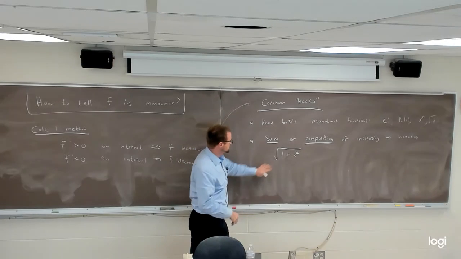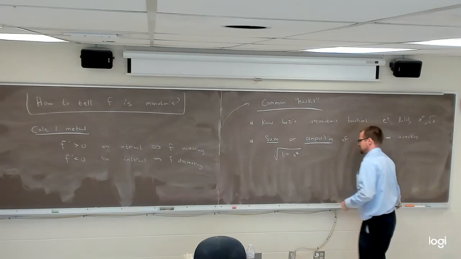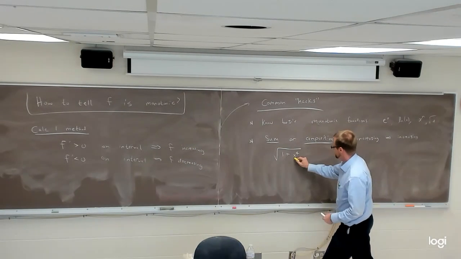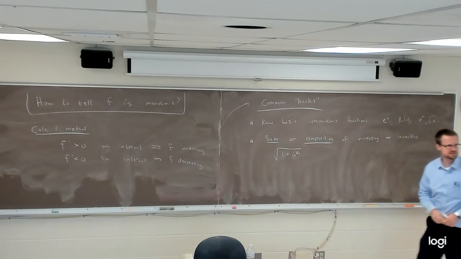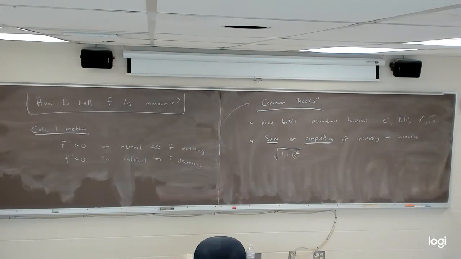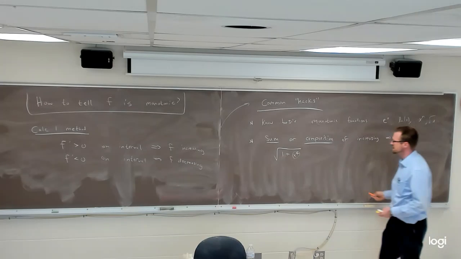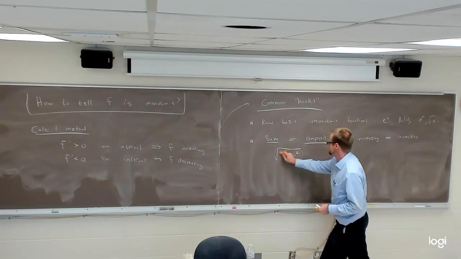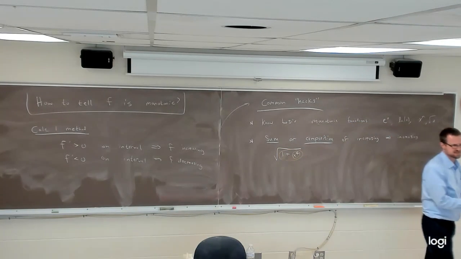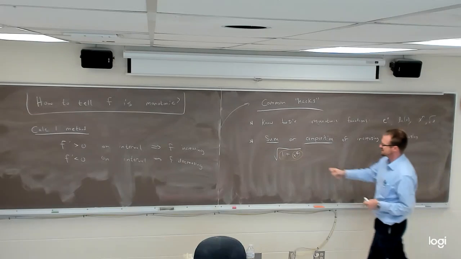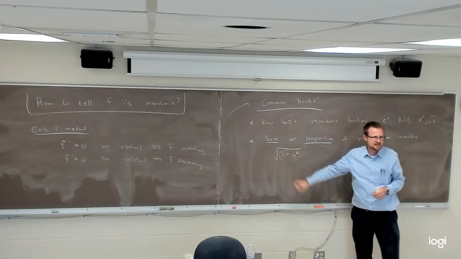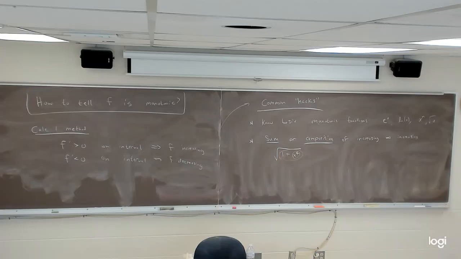So here's how I would look at something like square root of 1 plus x to the 4th. X to the 4th is increasing. That's my starting point, because I just know that about powers. Well, 1 plus x to the 4th is increasing plus increasing, and constant functions we can count as increasing. Okay, we'll include that.